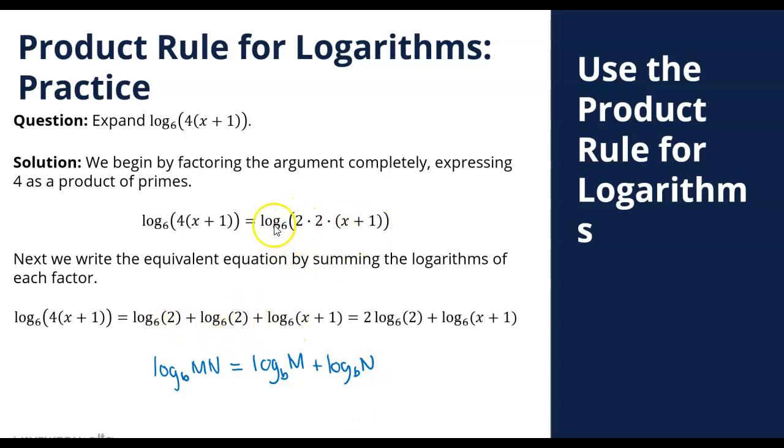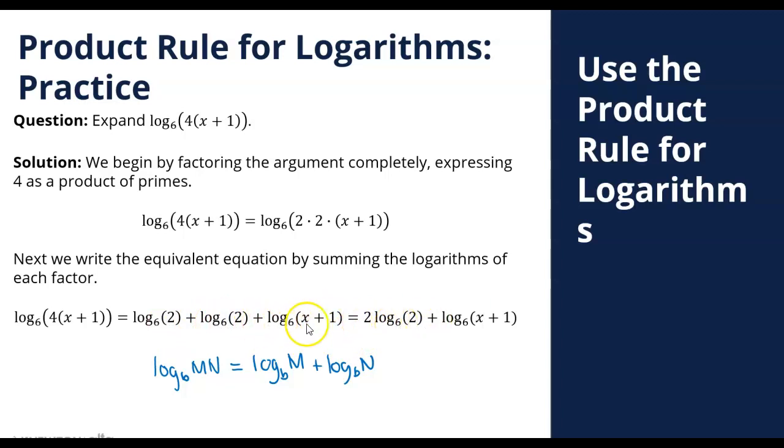So this is equal to log of 2 base 6, plus log of 2 base 6, and log of this expression x plus 1 base 6. These two terms here are the same, so we can combine them. Log of 2 base 6 plus log of 2 base 6 is equal to 2 log of 2 base 6.